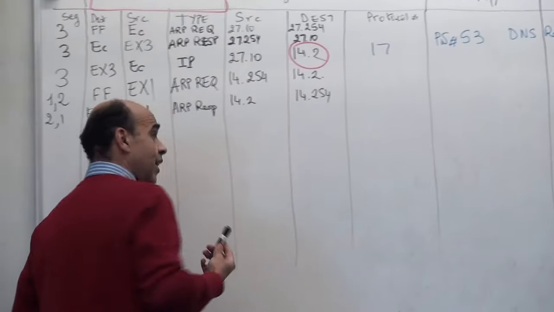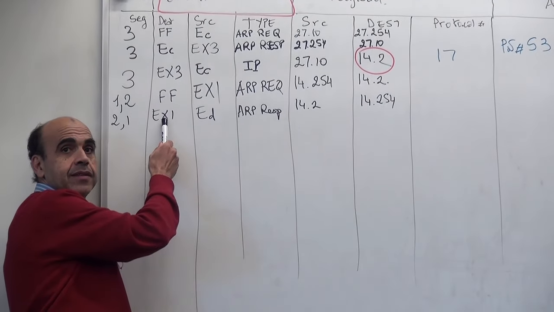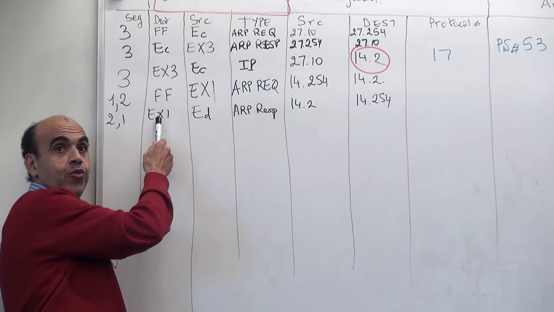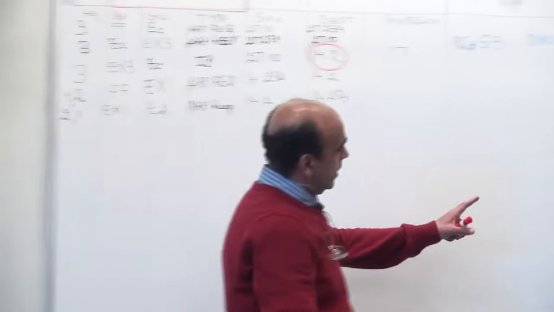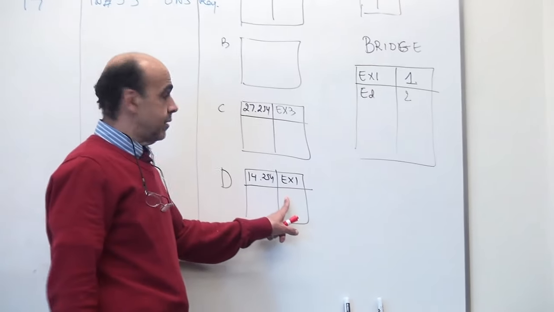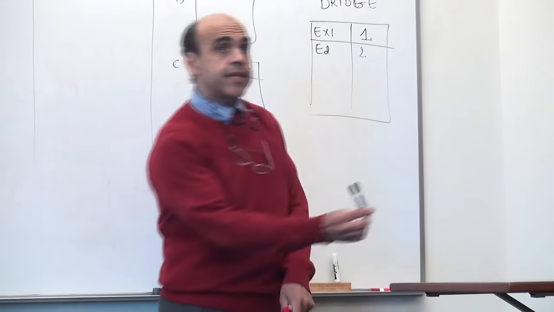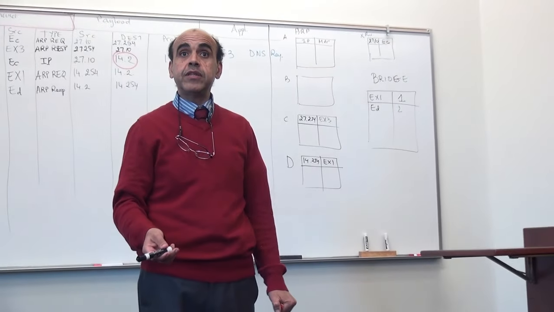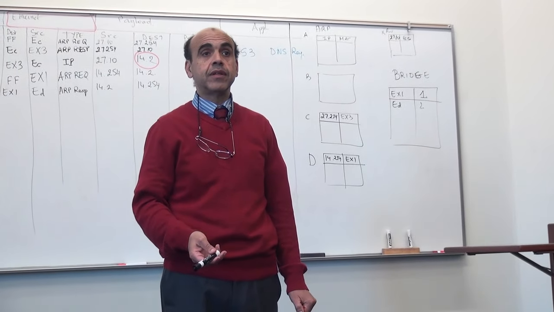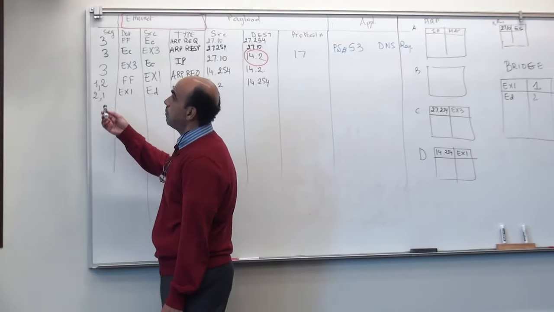Now, question to you, will the bridge forward this packet? Yes, because he knows that EX1 is on port 1, and this is coming from port 2. Therefore, the bridge will have to forward. And this is the reason why it appears on 1.